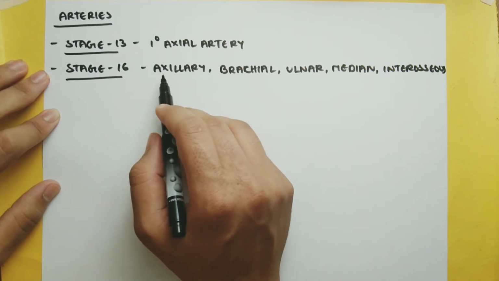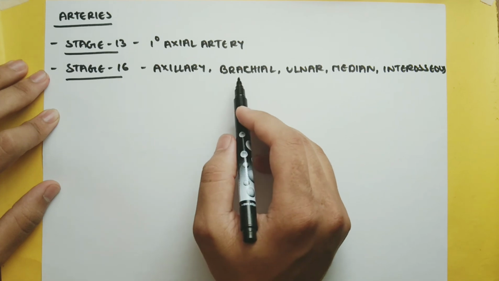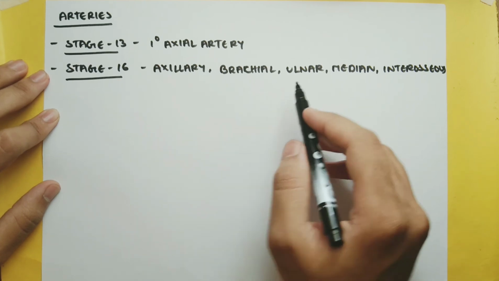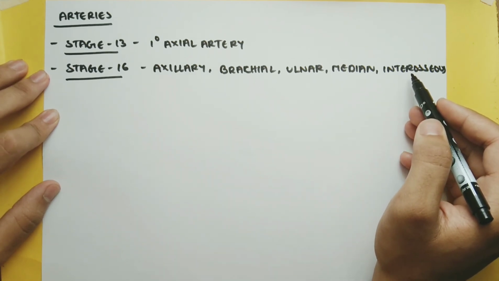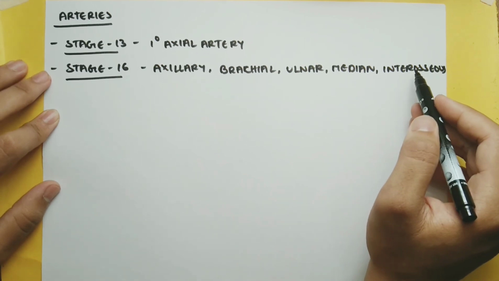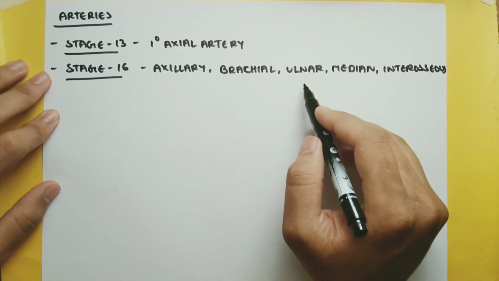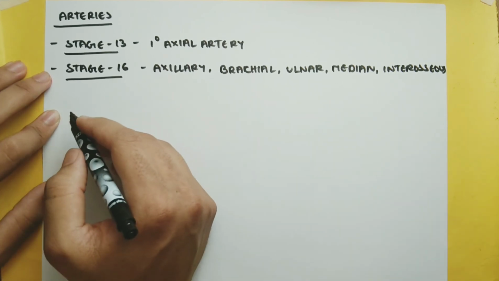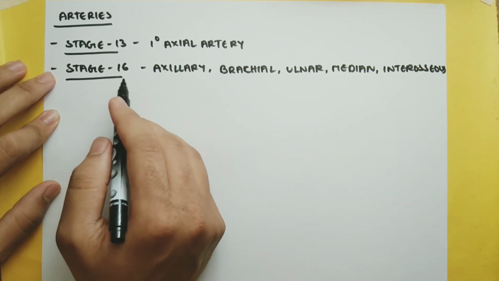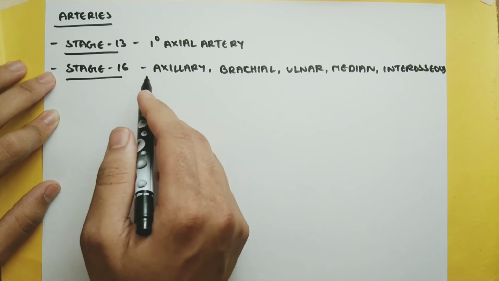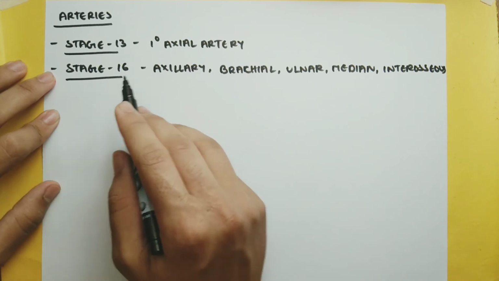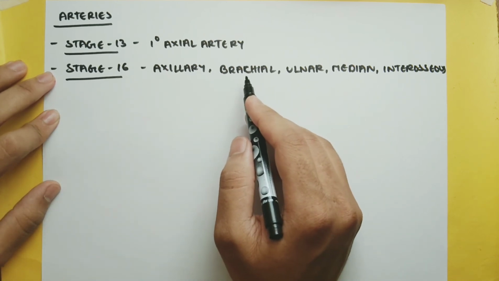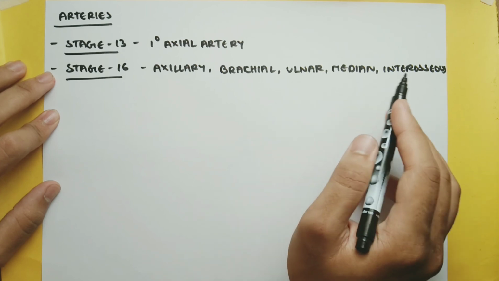The axillary artery, which becomes the brachial artery and continues as the interosseous artery, and the interosseous artery itself gives rise to the two branches, those are ulnar and median arteries. So what are the arteries which are present in the stage 16 or after the stage 16? Axillary artery, brachial artery, ulnar artery, median artery and interosseous artery.